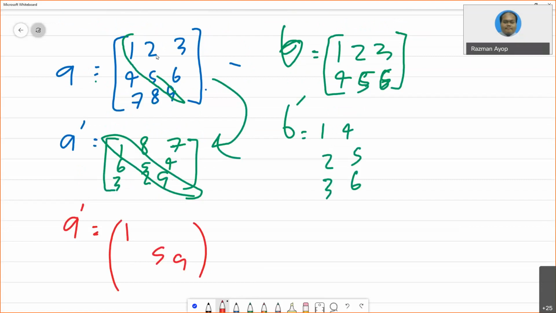So it will be flipped at the diagonal. So 4, 2. And then this one 3, 7. This one 8, 6. Okay, make sure you know how to transpose this. So this one is wrong. It should be flipped at the diagonal.